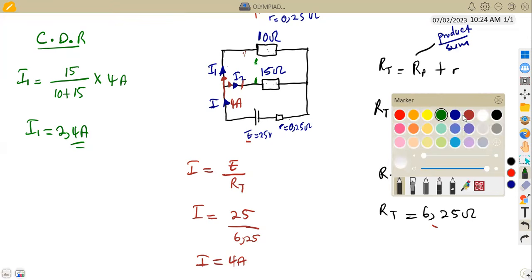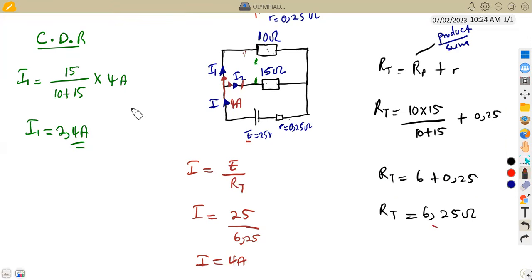In order to calculate I2, you can use the same thing, or you can use Kirchhoff's laws, since we have current flowing towards the junction. So you can say I2 is equal to I minus I1, that is total current minus I1, or you can simply use the current divider rule again. This time we are calculating the current across the 15 ohm resistor, so you use the opposite resistor on top.